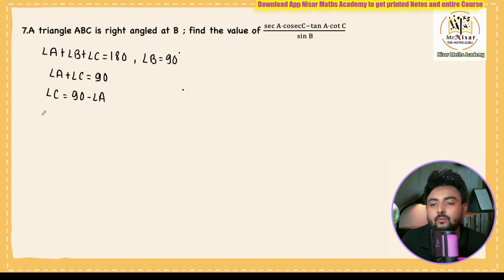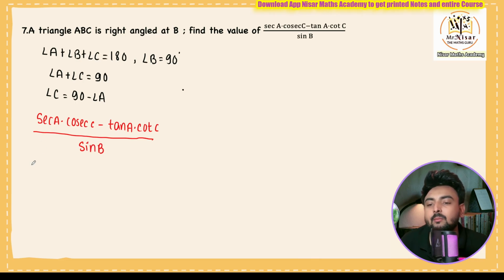Yeah, so we have the question: sec A into cosec C minus tan A into cot C, upon sin B. Now you say me, I'll keep that sec A as it is. Cosec C, here the value of angle C is what? 90 minus A. So I'll write here cosec 90 minus A. Why I am doing it this way?